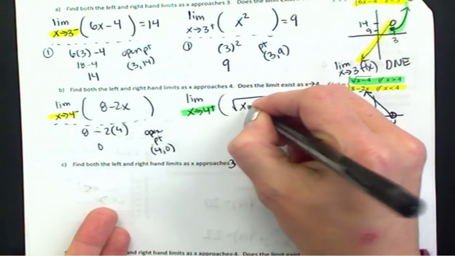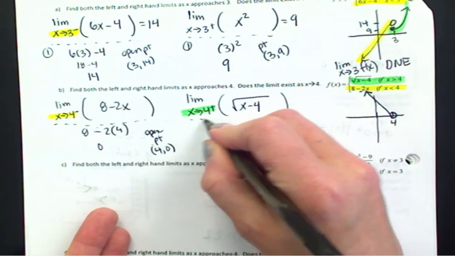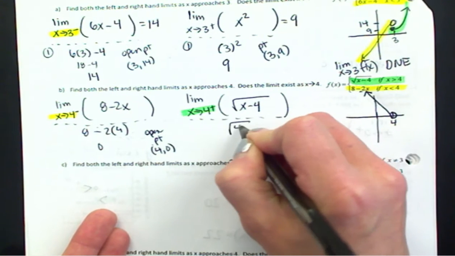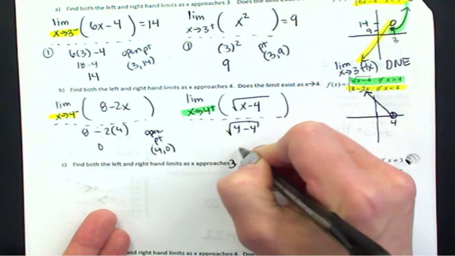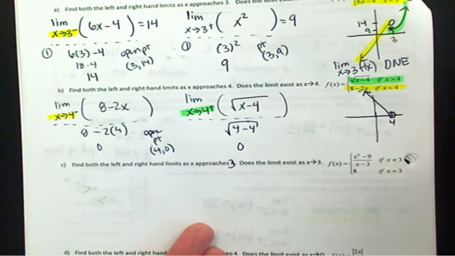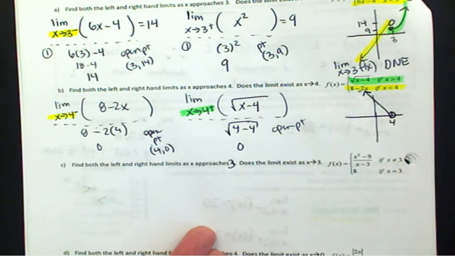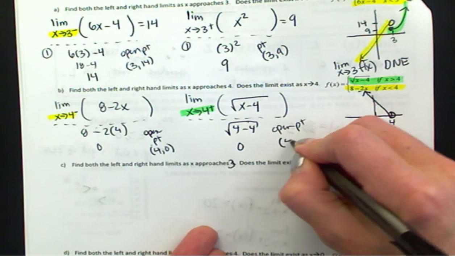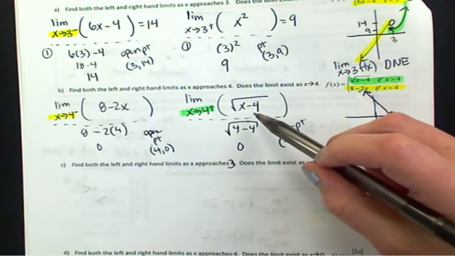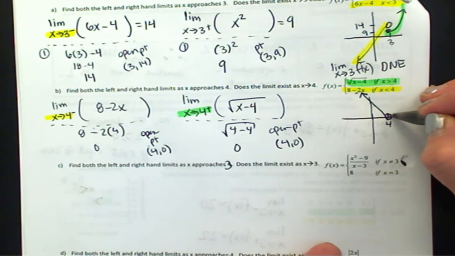Root x minus 4. Checking it by plugging in the point. 0. This happens to be an open point because there is no equals at 4, 0. Well, that's a square root graph shifted right 4.